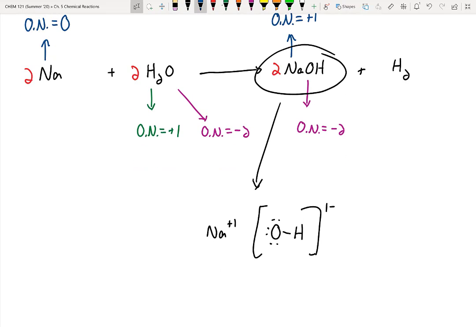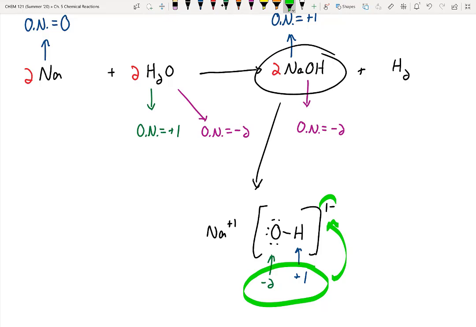Additionally, we know that hydrogen in this case must be +1. And then oxygen, like you said, if we treat it as an ion, must be -2. But you see how these two numbers add up to equal the -1? Yeah. So it's a neat feature of these polyatomic ions too. Okay, cool. Yep.